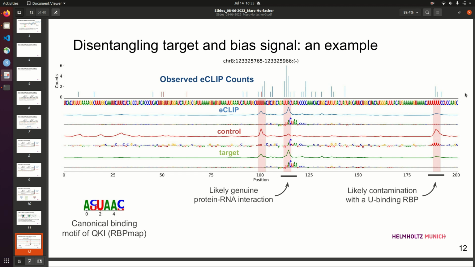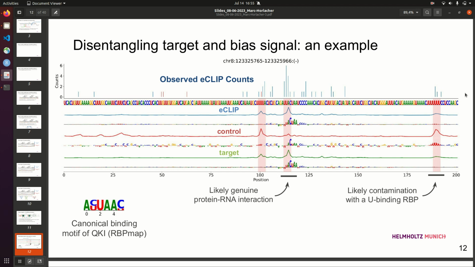So here's an example prediction. At the very top, in these sticks, you can see the true counts in blue for the eCLIP and in red for the control experiment. And then below you can see the predicted distribution of crosslinks for the eCLIP, control and target respectively.